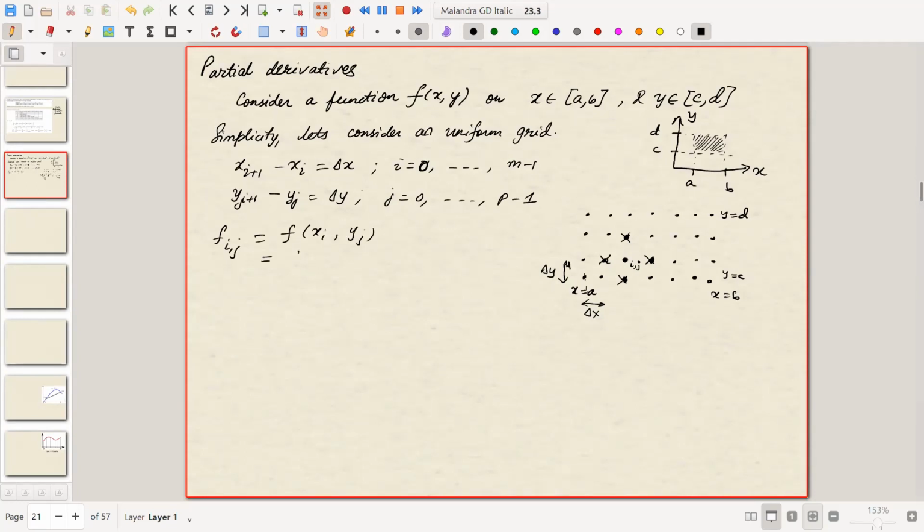How will you get x_i? You can write x_i as the starting point x_0 plus (i minus 1) delta x, and y_j will be the starting point c plus (j minus 1) delta y. You are respecting the step size of each of the variables.